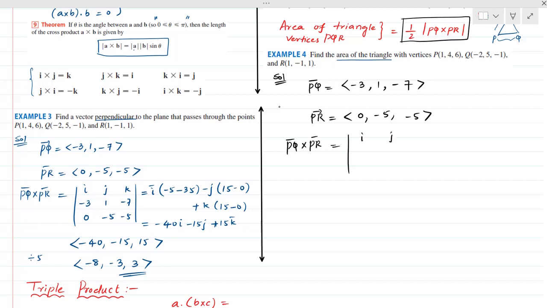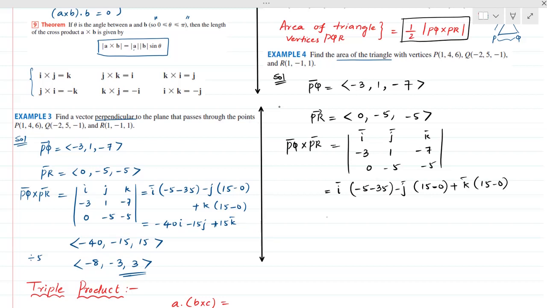For that, we need the cross product. What is the cross product here? Rows 1, 1, -7, then 0, -5, -5. Now if you evaluate the determinant: i times (-5 minus 35), minus j times (15 minus 0), plus k times (15 minus 0).